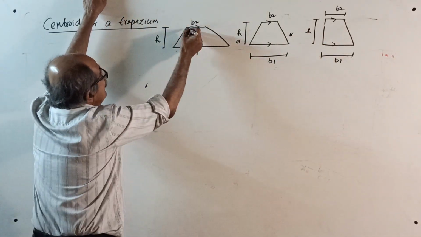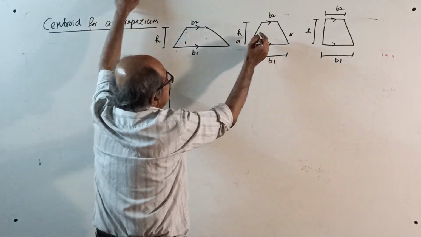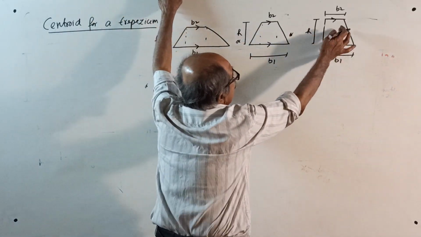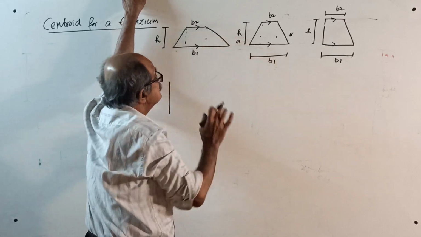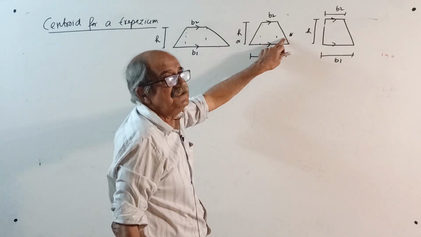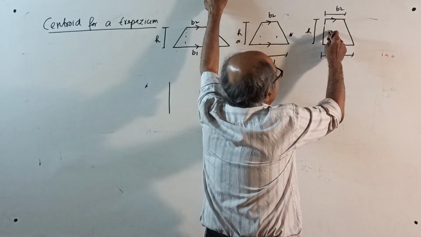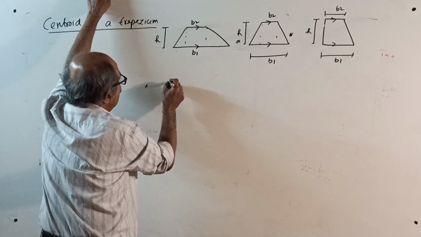Here, if I project, these two are not equal. Here, symmetrical, these two are equal. Or here, suppose you divide into parts, two triangles and one rectangle, two equal triangles and one rectangle. Here, one rectangle, one triangle. Or it can be even like this also.